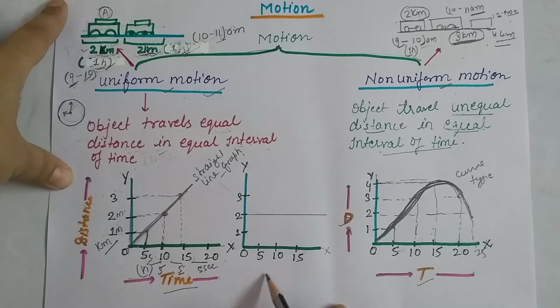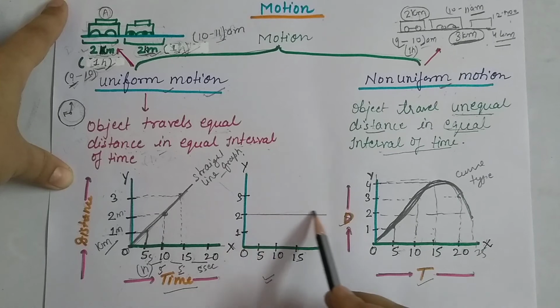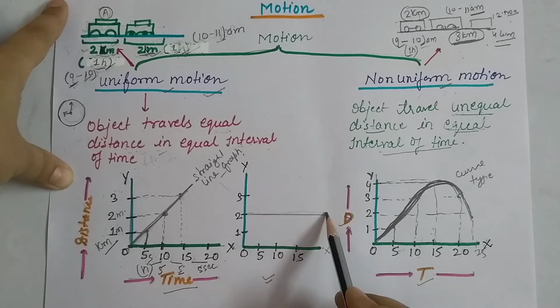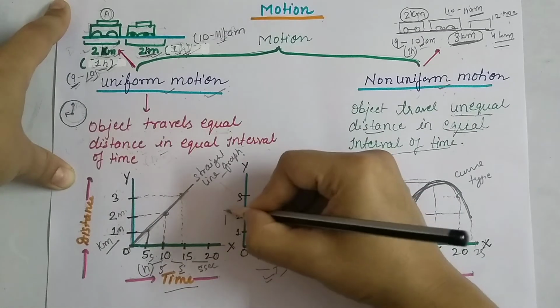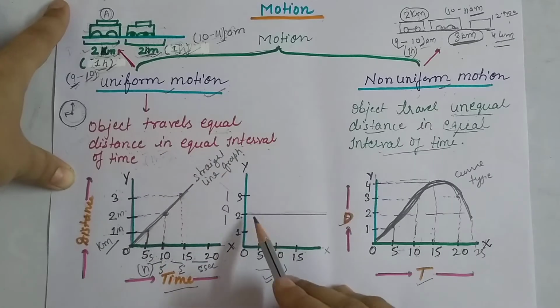Here you will find one more graph, where the line is straight and parallel to the x-axis. This is your time, and this is your distance. So what about this graph? This is called the stationary graph.